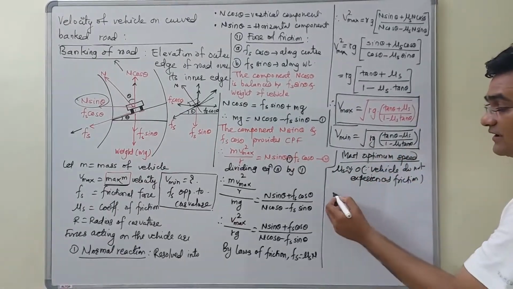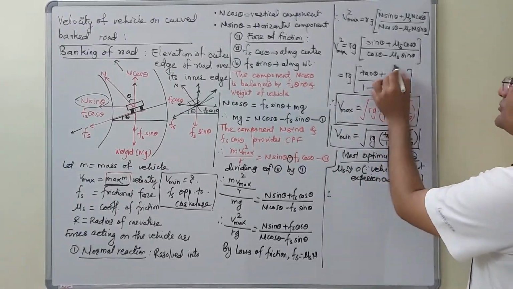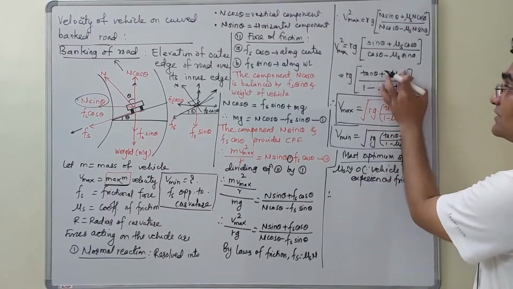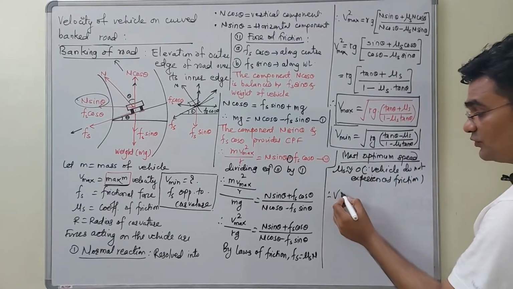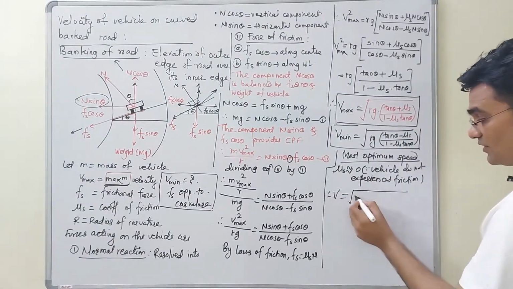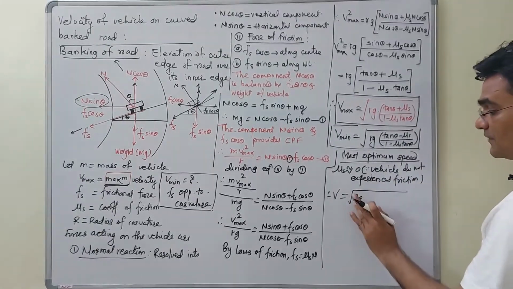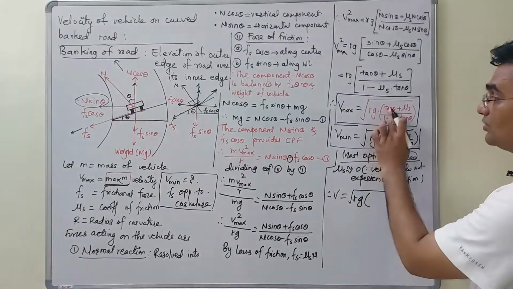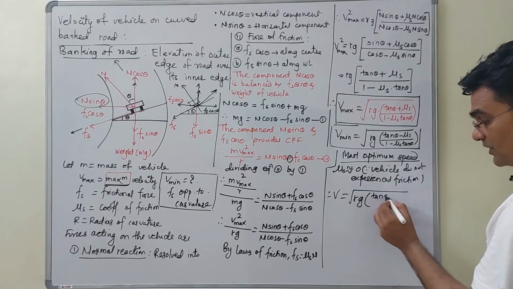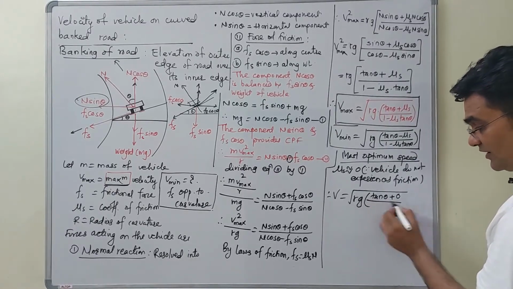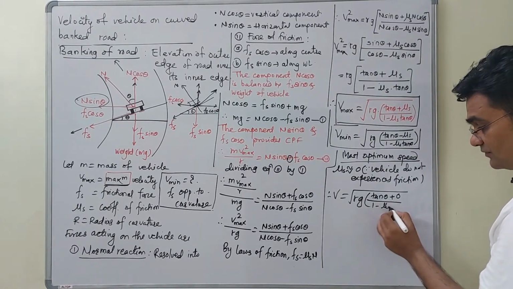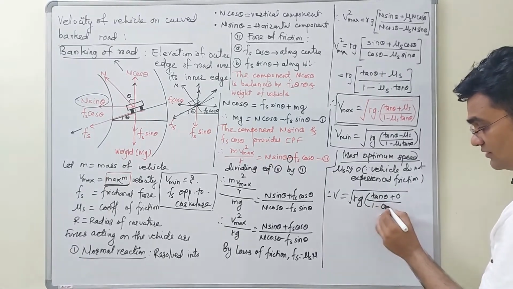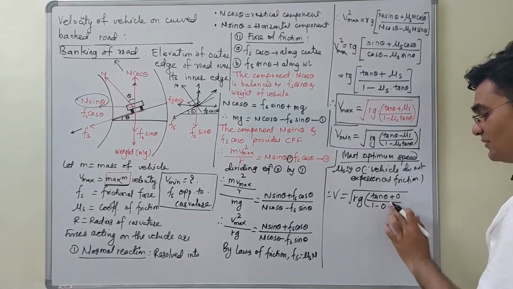So if I put that in, what will happen in this equation? This mu is going to become 0, so everything is going to cancel. So V is equal to root of Rg into tan theta plus 0 divided by 1 minus mu 0, sorry, it is again 0, and into tan theta it will be 0.